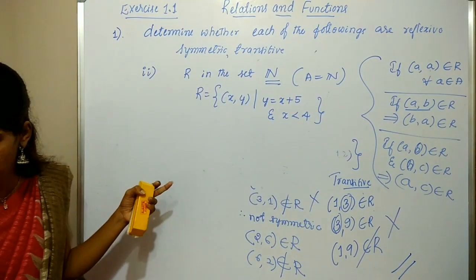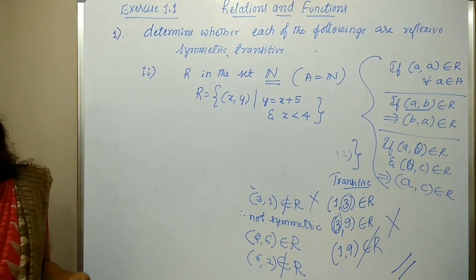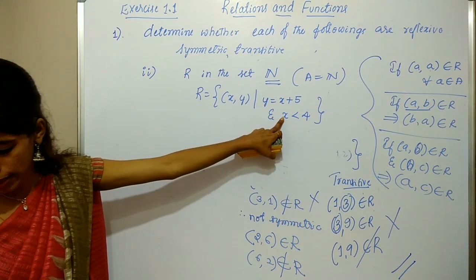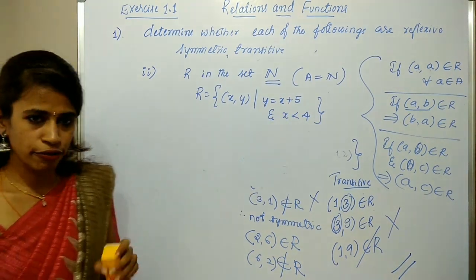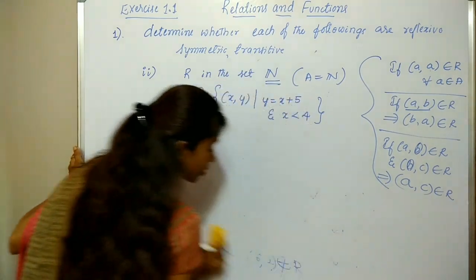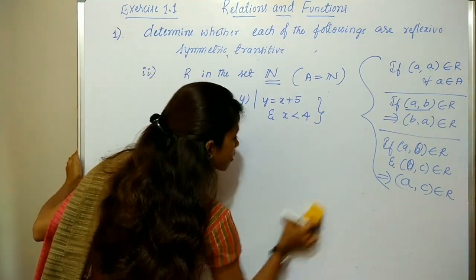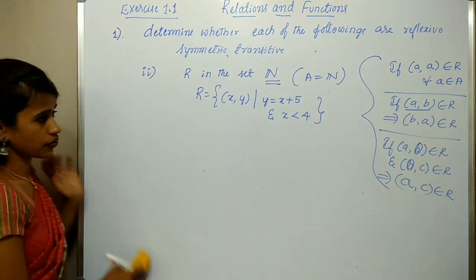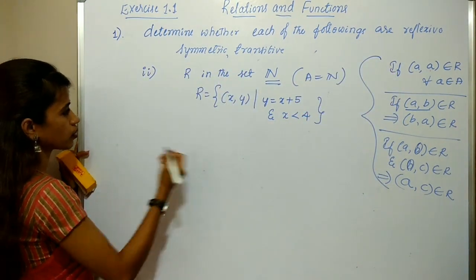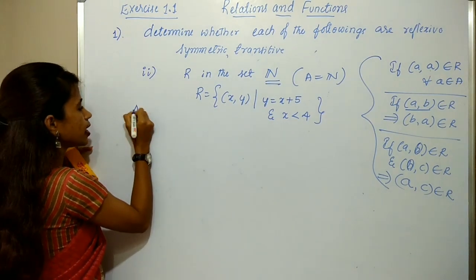So the relation R in the set N of natural numbers is defined as R equals {(x, y) : y = x + 5 and x < 4}. That is the question, so let us solve this. Check whether it is reflexive, symmetric and transitive. Here are the definitions of reflexive, symmetric and transitive. So what is the set?